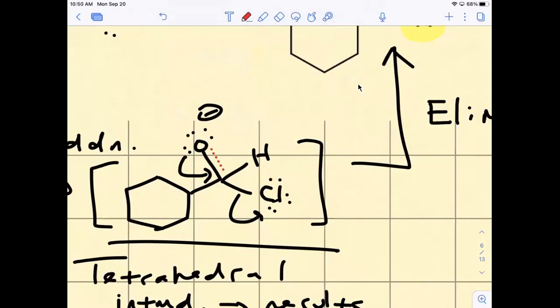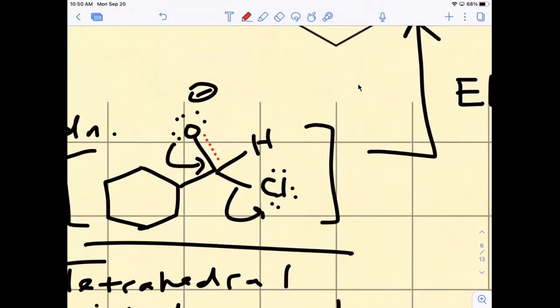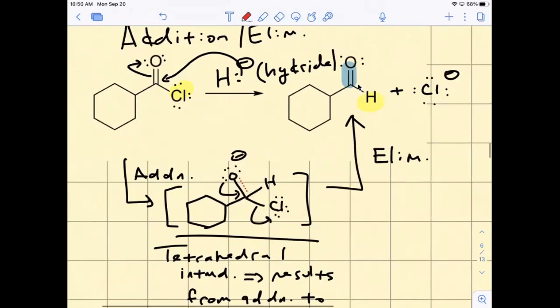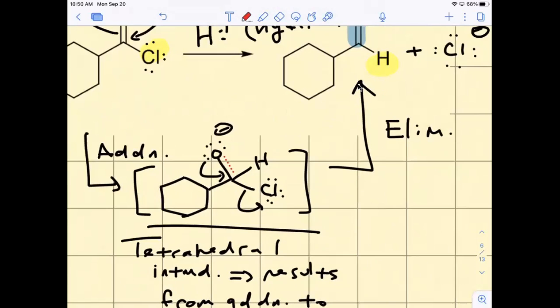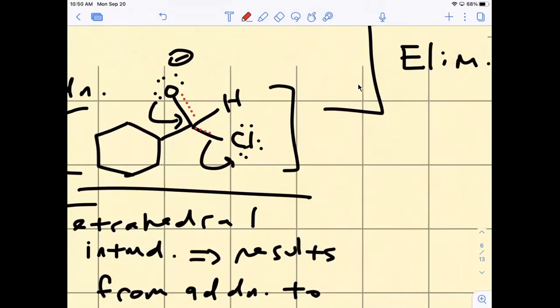And then at the same time, the chlorine, which is highly electronegative, and I don't need it based on what the product is, that there's a hydrogen there, not a chlorine. I need to break this carbon chlorine bond. Right, so that's all happening at the same time.